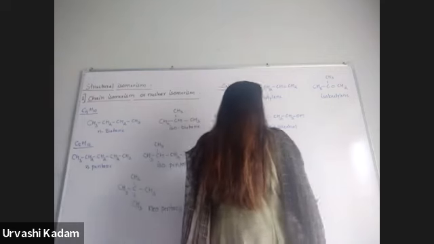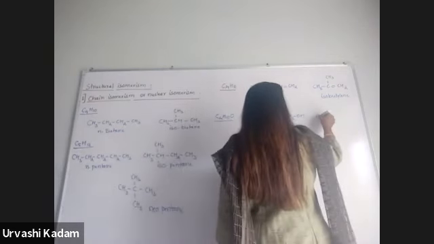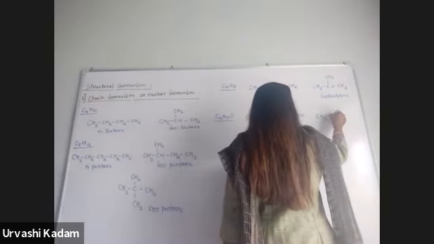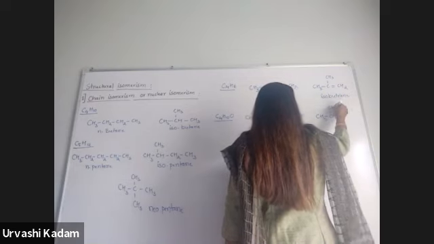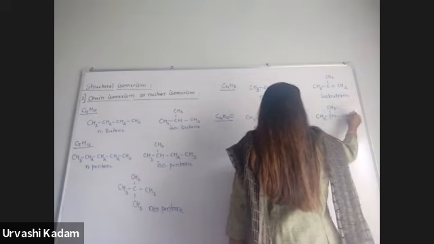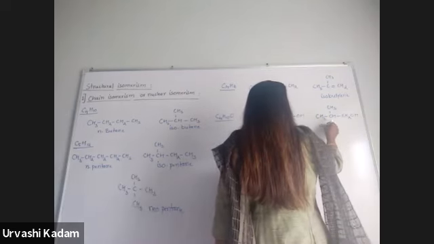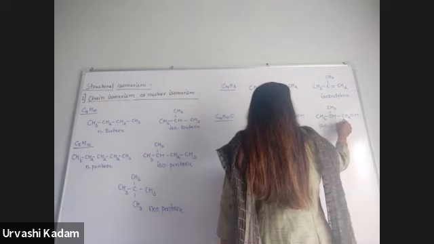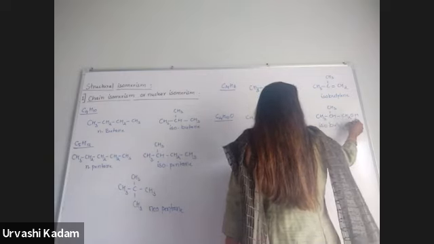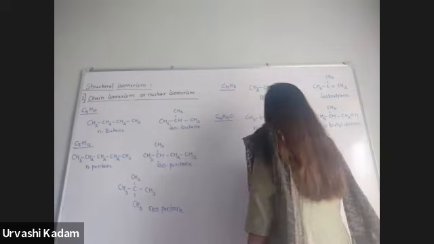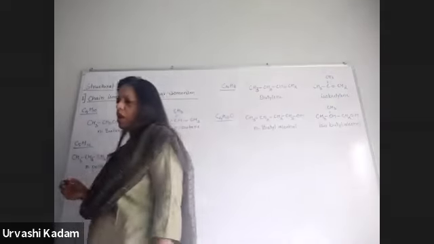And what will be the chain isomer of n-butyl alcohol? I need to make a difference in carbon chain. And what we get is isobutyl alcohol.